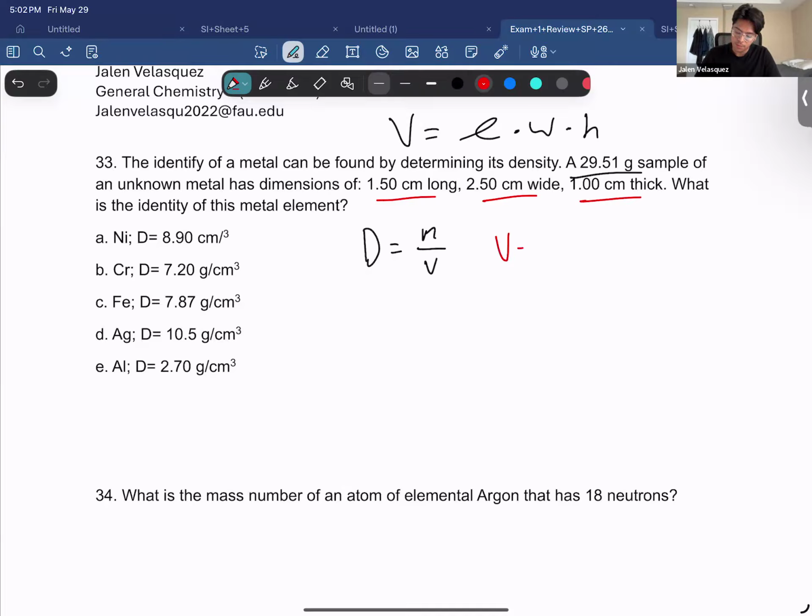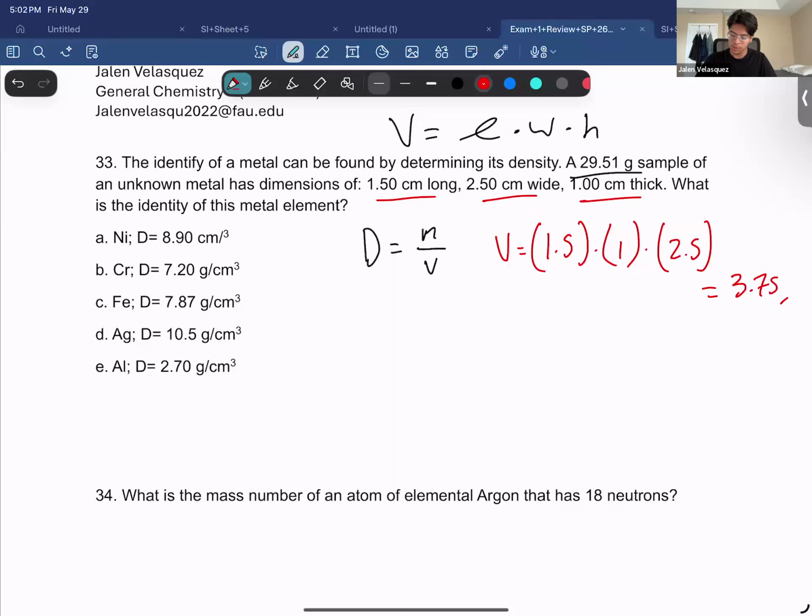So for the volume, you're doing 1.5 times 1 times 2.5. Your volume will be 3.75 cubic centimeters.